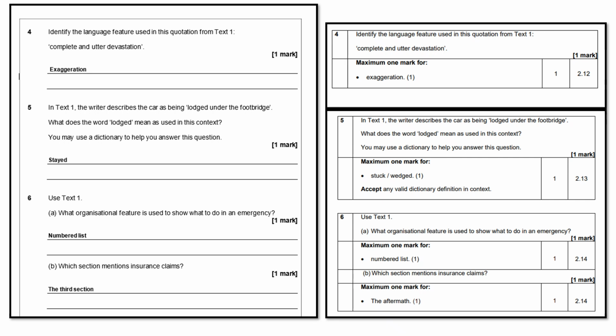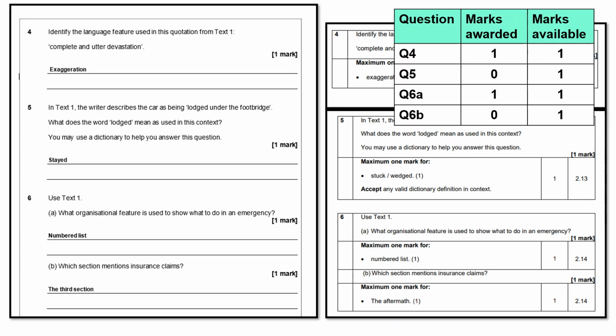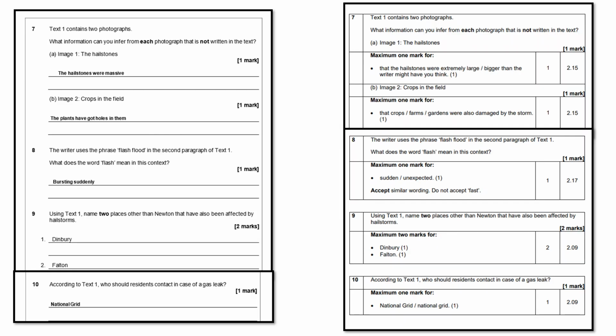Here, the learner must identify a feature and give the name of the section, and they got 1 mark for numbered list, but 0 for 6B. So I'll give you a few moments again to look at questions 7 to 10.